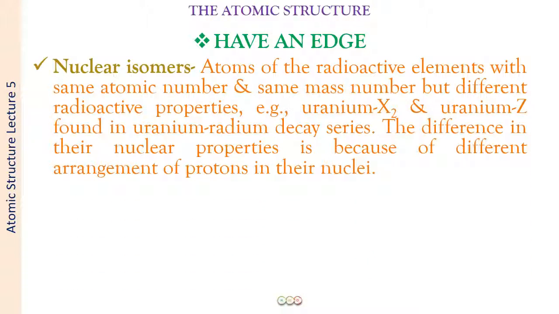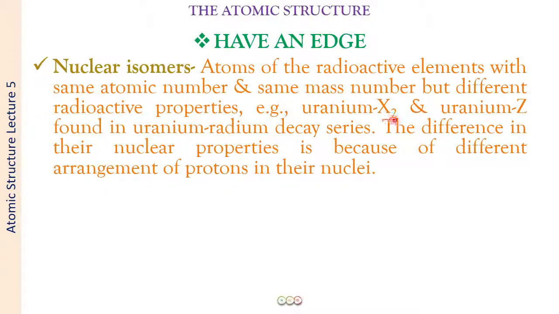So now I hope you have had an interesting time learning so many new names: the isotopes, the isobars, the isotones, and so forth. Now let us have something in the Havenage section also, where we have two more interesting terms for you. First are the nuclear isomers. Atoms of the radioactive elements having the same atomic number, same mass number, but different radioactive properties are called nuclear isomers.